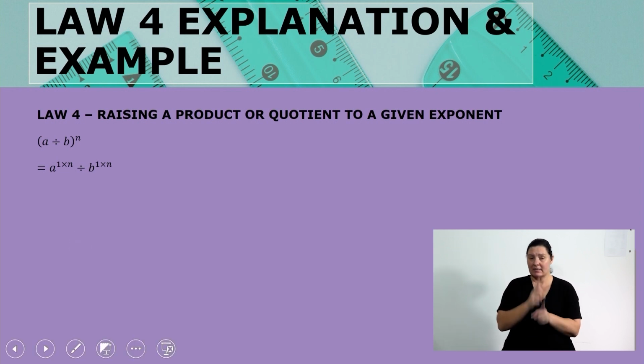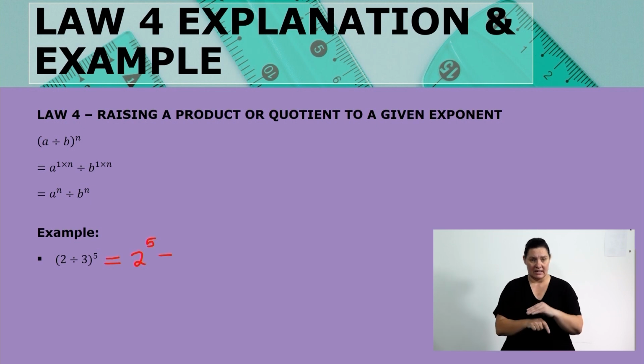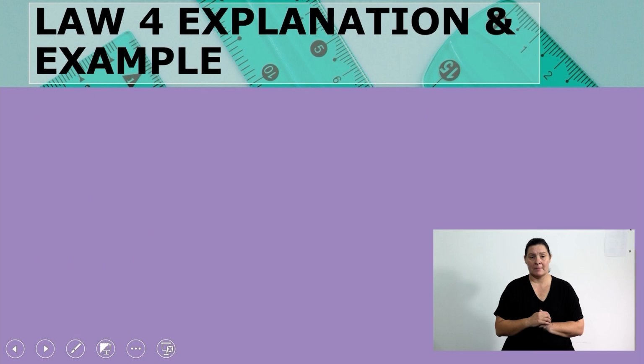And as our answer, we have a to the exponent n divided by b to the exponent n. An example of this is 2 divided by 3 raised to the exponent 5. So what are we going to have here? We are going to have 2 to the exponent 5 divided by 3 to the exponent 5.